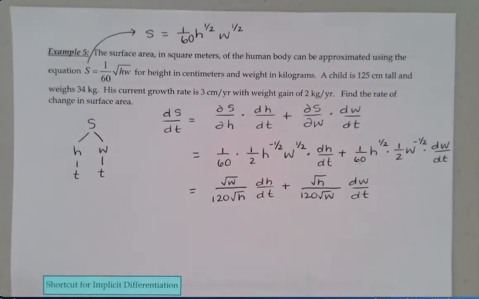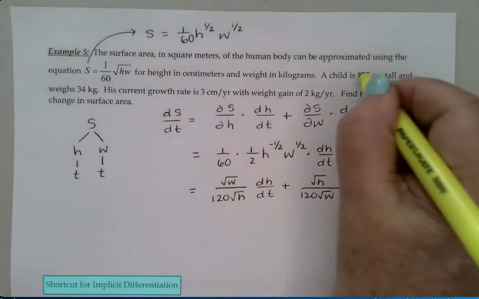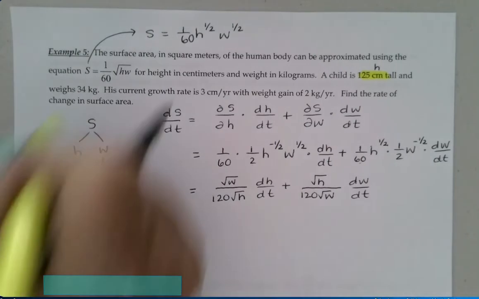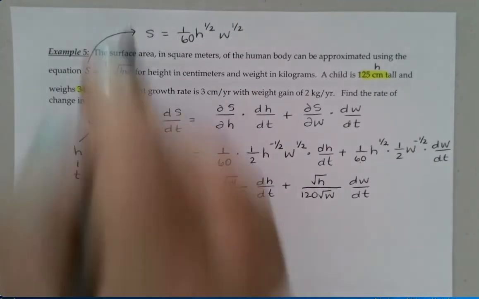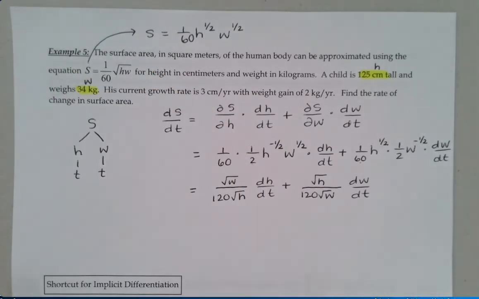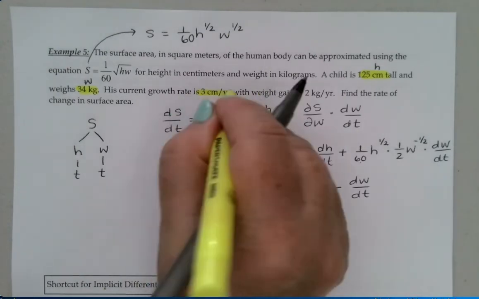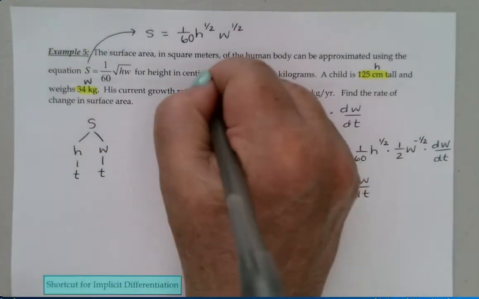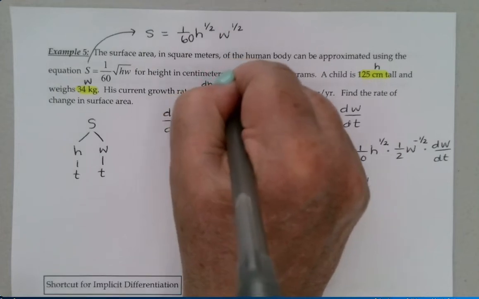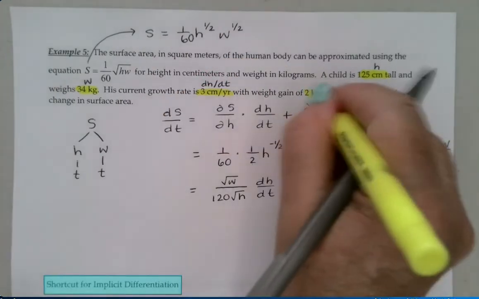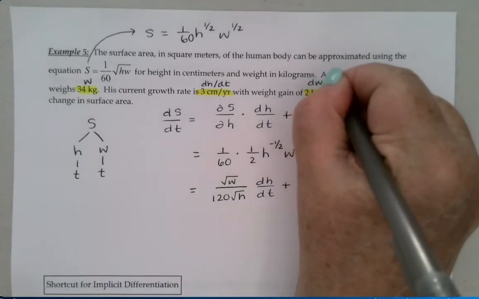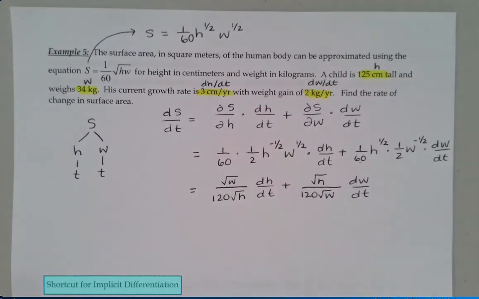All right, beyond that, really, I just have to plug in numbers. We know H here is 125. W is 34. Growing 3 centimeters per year, so that's dH/dt. And the change in weight, dW/dt, is 2 kilograms per year.